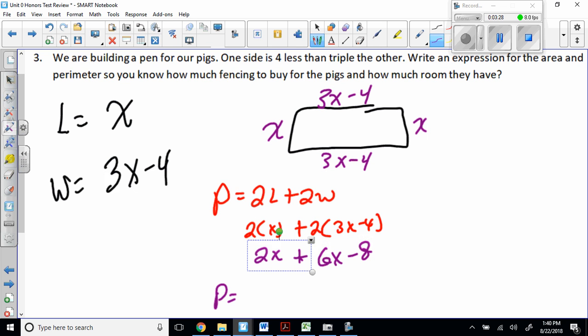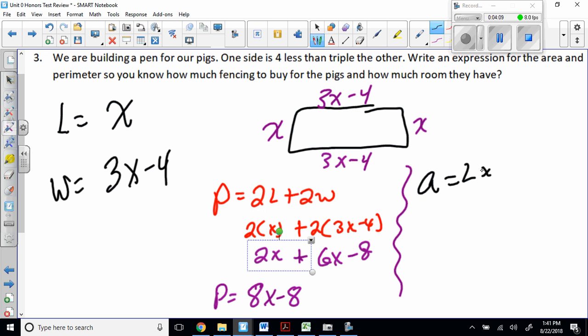What defines like terms? Same variables, and no, not same coefficient, same variables, same powers. Yeah, exponents and powers are the same thing. So same variable or variables, same powers. Okay, so this would be 8X minus what? 8, right? Any questions?